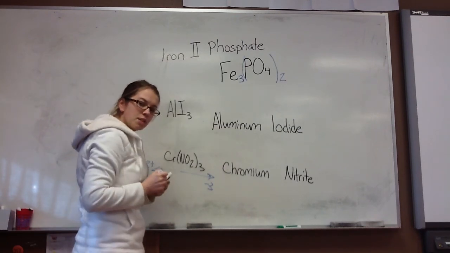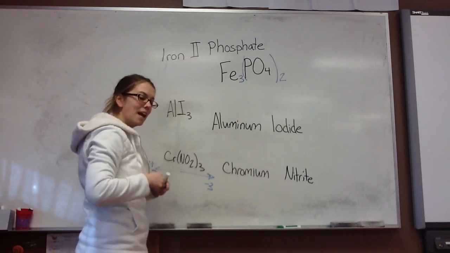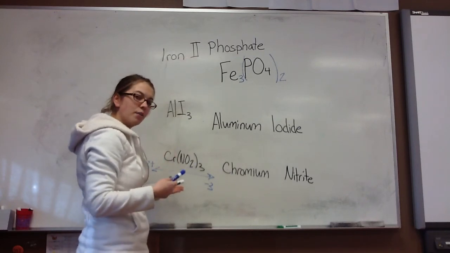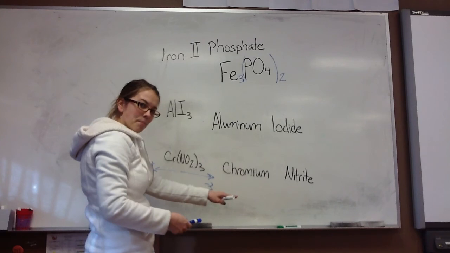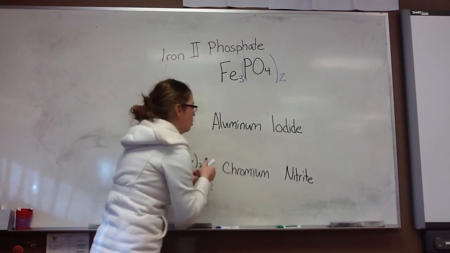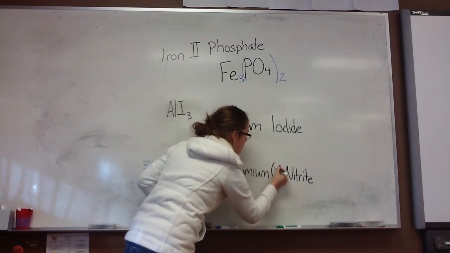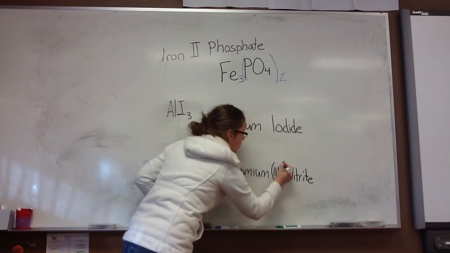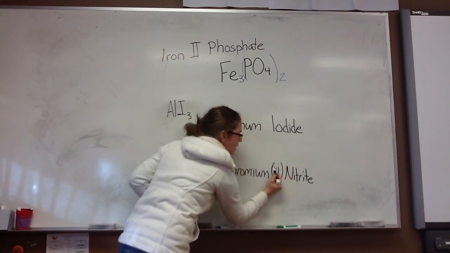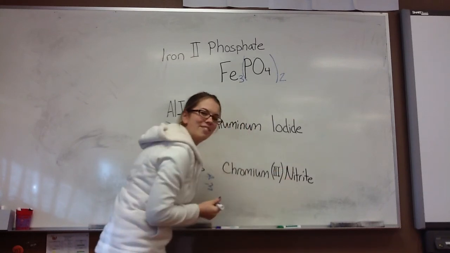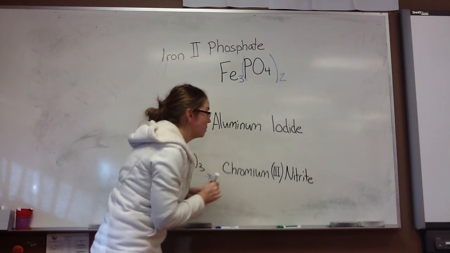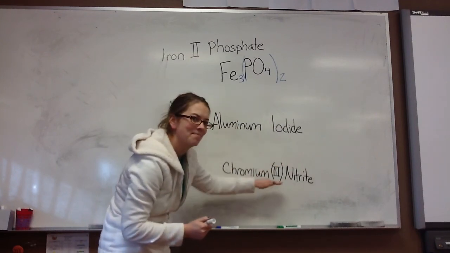Because chromium is in the transition metal section, we need to say the charge of the ion in Roman numerals when writing the name. We can call this chromium III nitrite. And I can be all fancy with my Roman numerals having their caps on them.